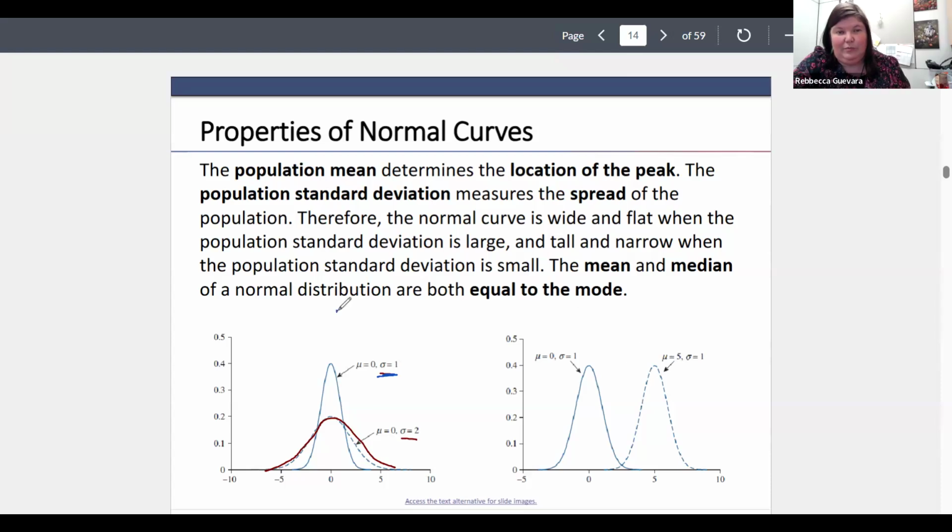So the mean is going to equal the median and equal the mode. The standard deviation just tells you if it's going to be tall or short. The mean just centers it, so wherever our mean is, it centers our whole distribution. These ones have the same standard deviation, but the mean changes where it is centered on the x-axis.